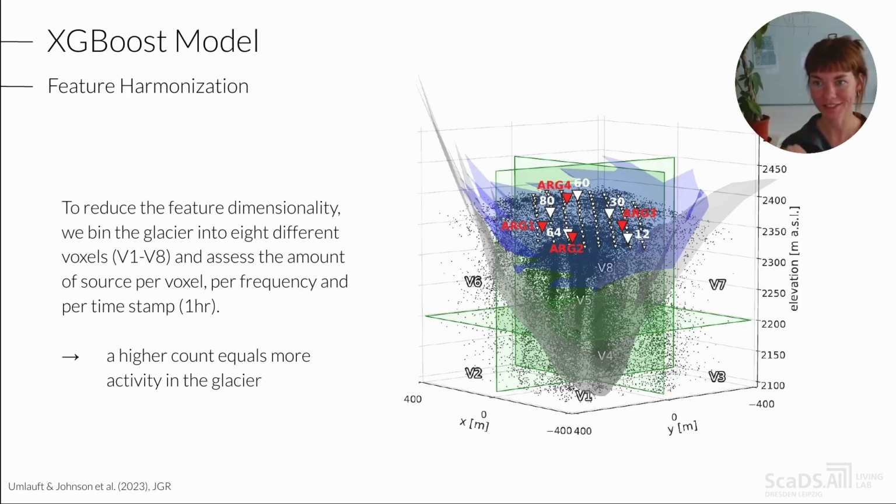So we voxeled the glacier, and for each voxel we count per timestamp and per frequency the amount of sources, which we in the end use as features. So that number in the end would be our feature, and a higher count would equal more activity in the glacier. At least that was our hope in terms of representation and how we can use this extensive spatial information, very highly resolved, as features here.